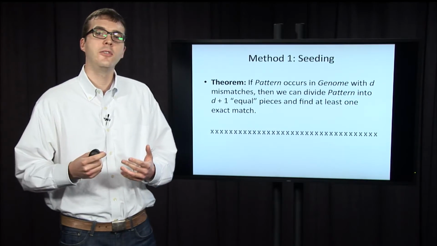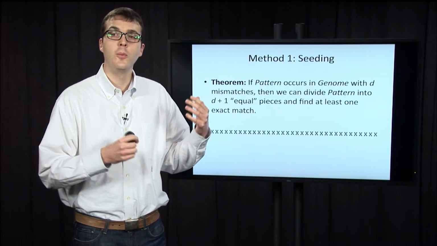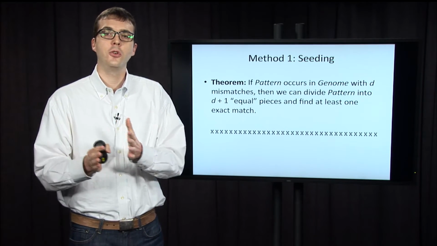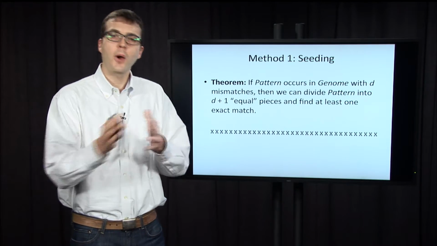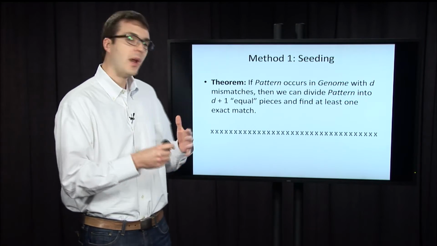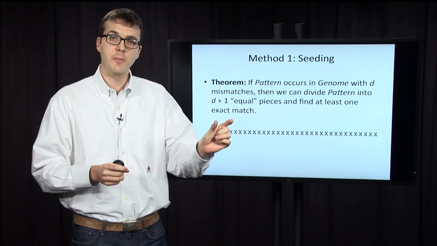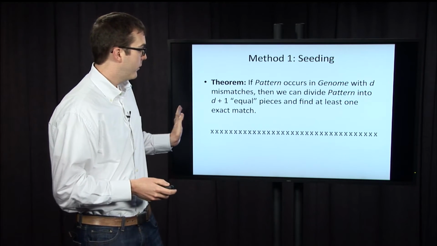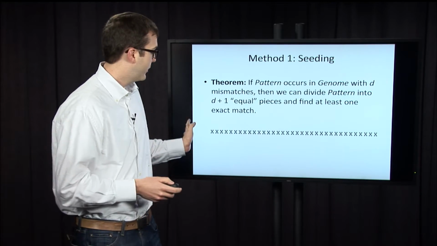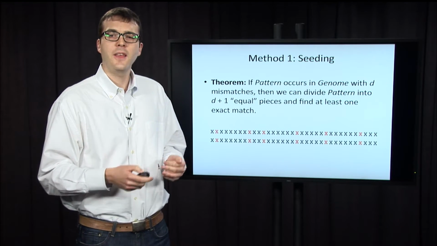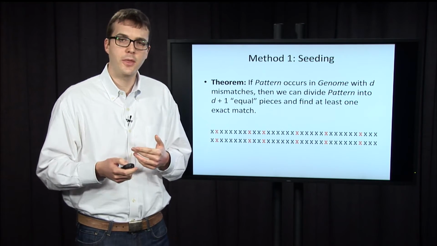In general, if you have a pattern that occurs in the genome with, say, D mismatches, then you're going to be able to divide that pattern into D plus 1 approximately equal pieces, and then you're going to be able to find at least one of those pieces that matches the genome exactly. To give you an example, here's a string of X's of length 35, and say that we have 6 mismatches with the genome.